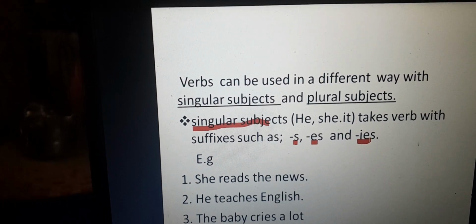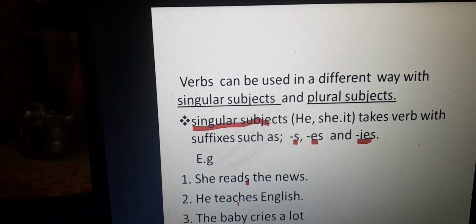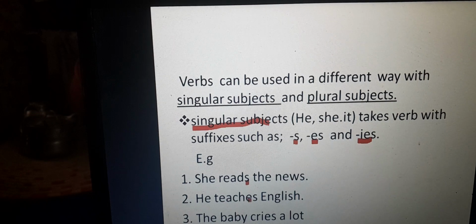So this is one very basic important rule that you should remember, okay? Now let's take a look at the examples that have been constructed. She reads, okay? Now here we have a suffix s. And he teaches. Here we have a suffix es. And the baby cries.